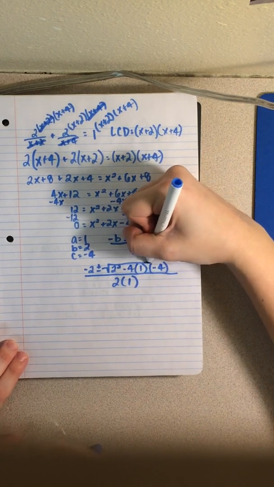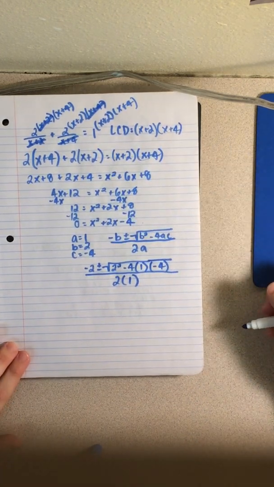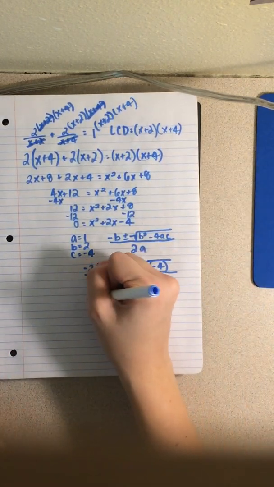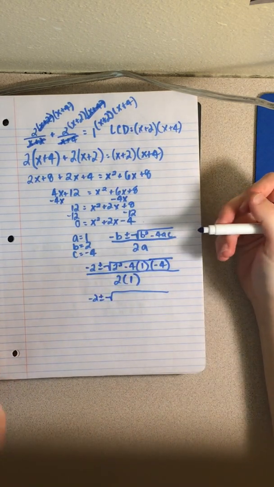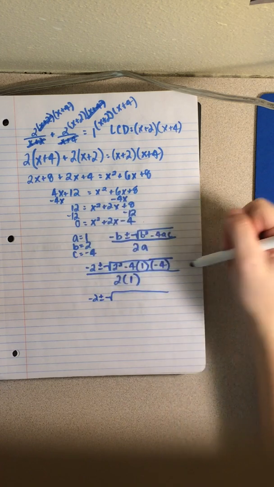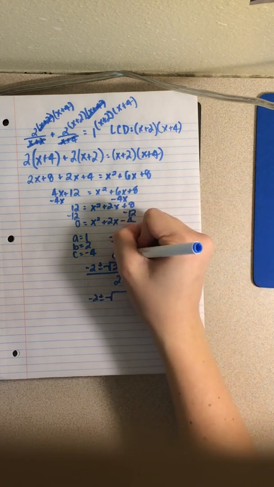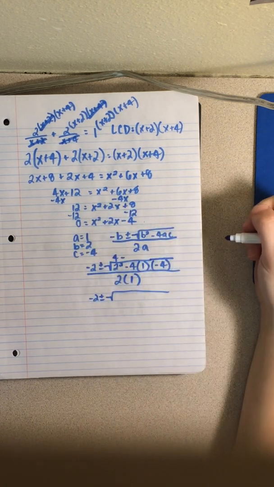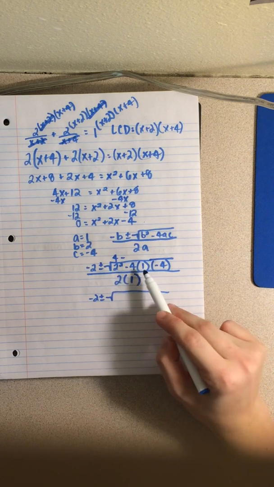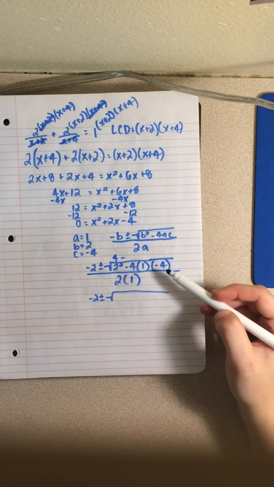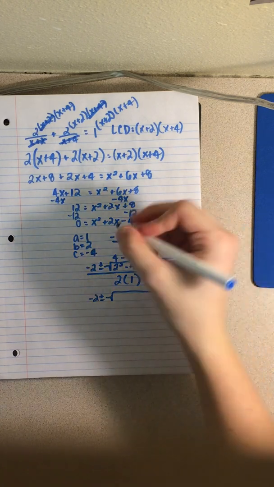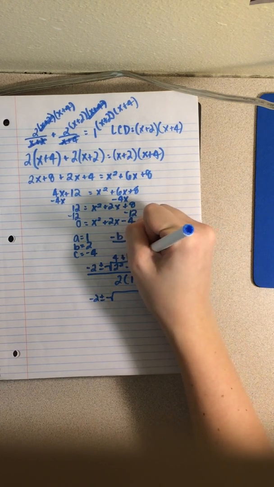So your next step here is to solve this equation. So you're left with negative 2 plus or minus, after you figured out what's in the square root. So that'd be 4 minus negative 4 times 1 is negative 4, and then multiplied by negative 4 is positive 16.